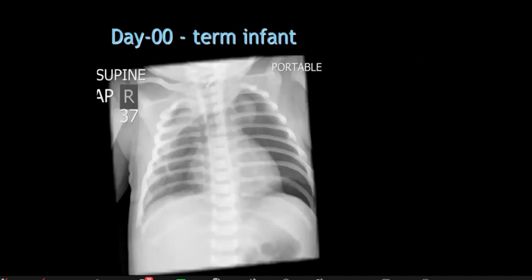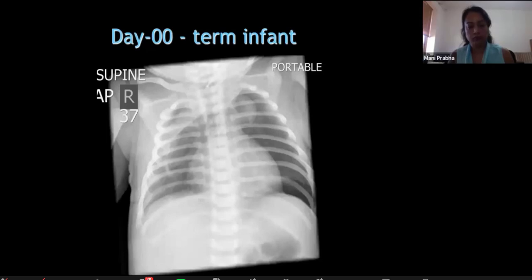So I've got a supine radiograph in a day-old term infant. I can see the heart size is normal and the trachea is central. There is a difference in the transradiancy of both lungs.